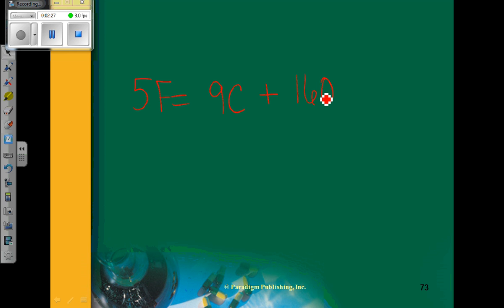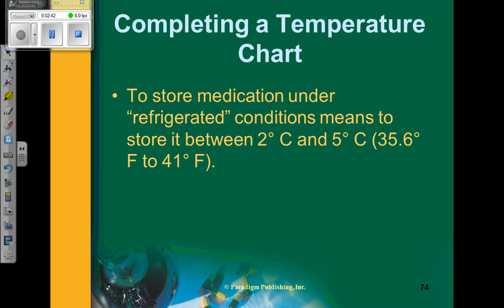This way you can convert either Fahrenheit temperatures to Celsius, or you can convert Celsius to Fahrenheit. You just have to do a little bit of pre-algebra to get to the answer. We'll do some problems in just a minute with both of them, so you can get an idea and use whichever one is easiest for you.